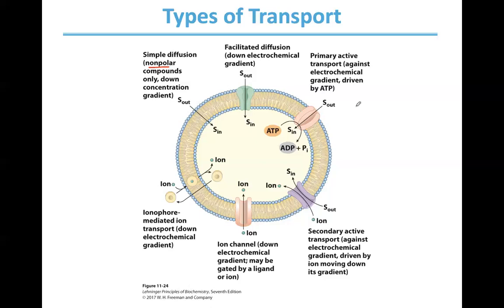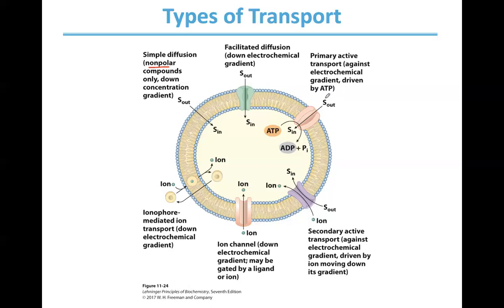Then there are types of active transport. Compare active transport with just facilitated diffusion or passive transport. Active transport is achieved against the electrochemical gradient or concentration gradient, depending on whether it's a charged species or neutral. You can see what's happening here.